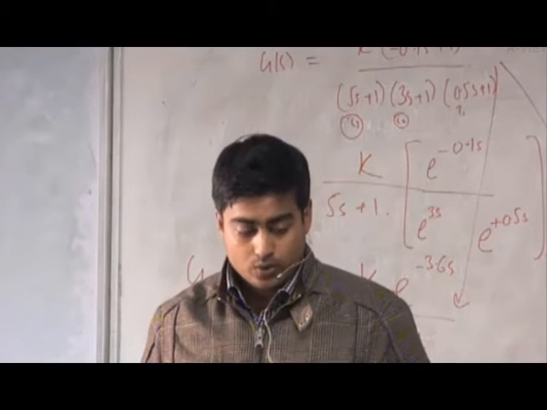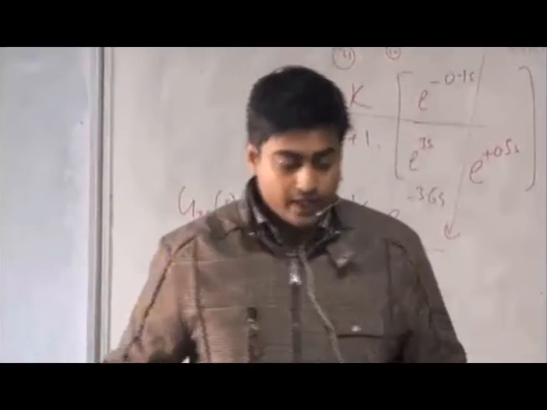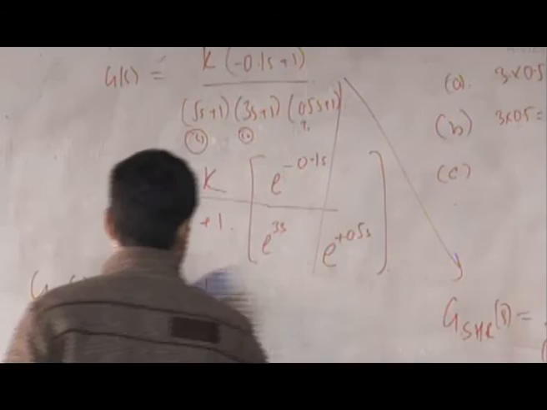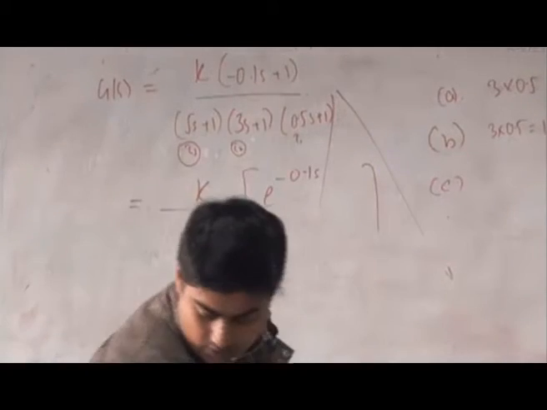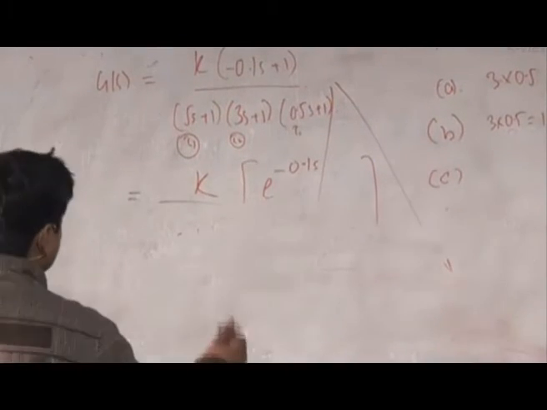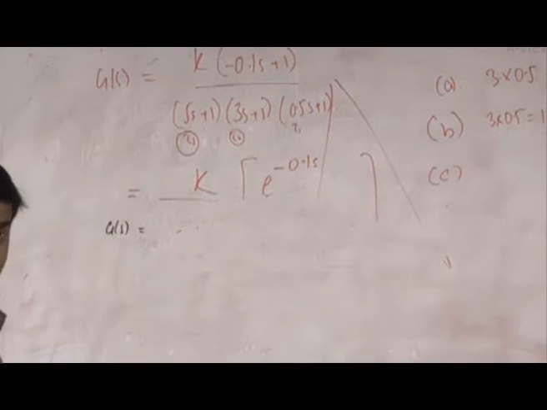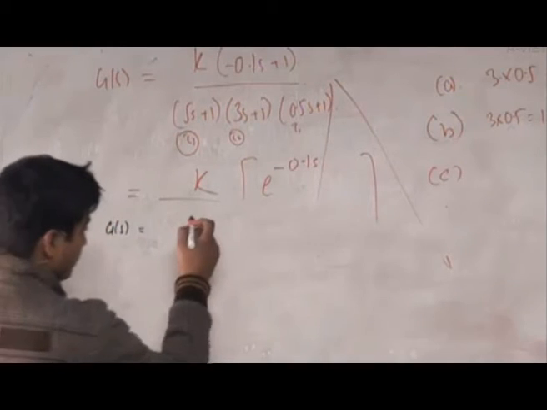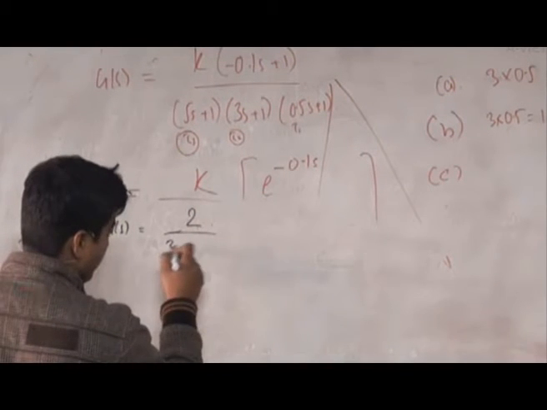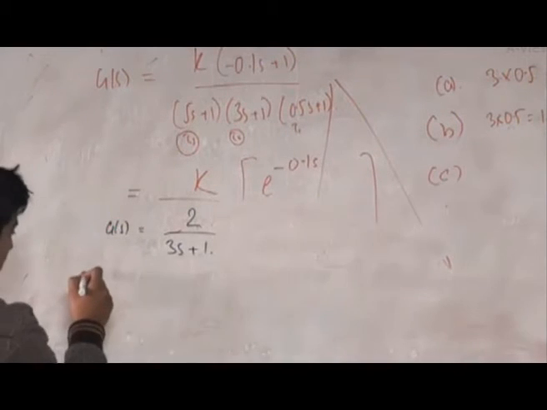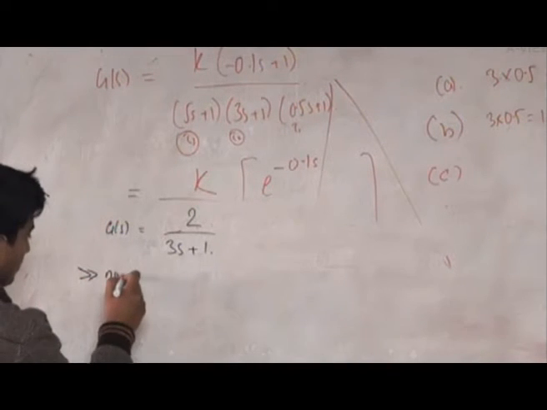So if I take a very basic example just so that you can start up, let's say I want to see the step response of a system given by 2 over 3s plus 1. This is how you input it in MATLAB.